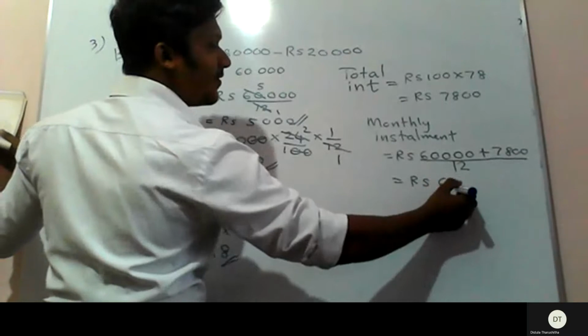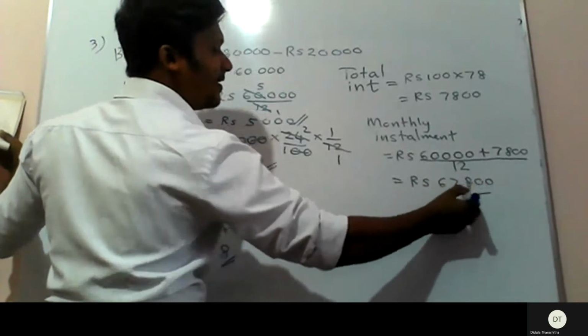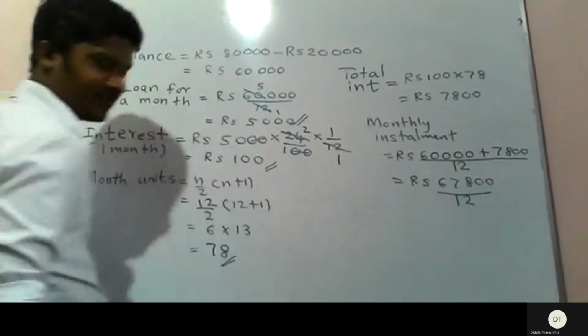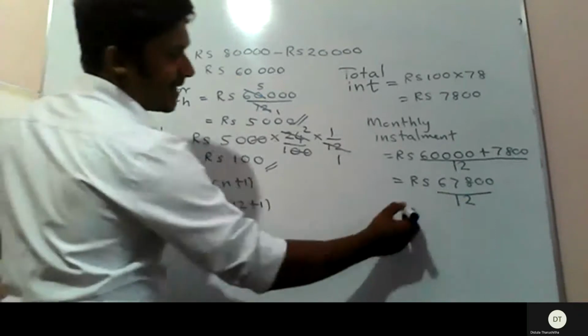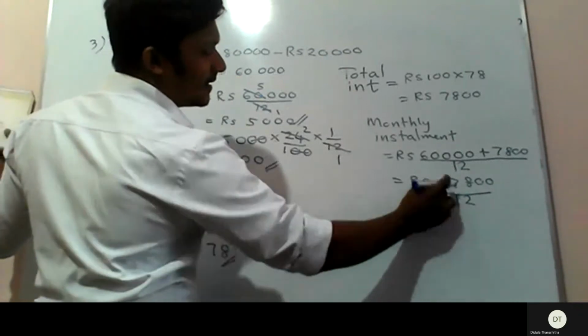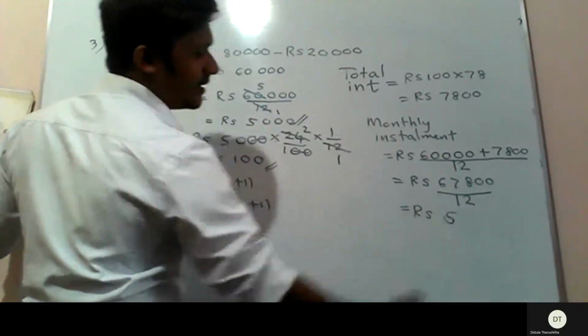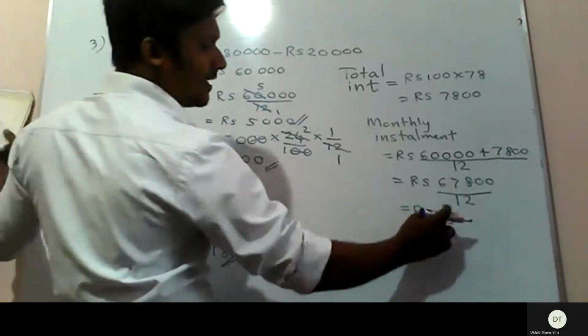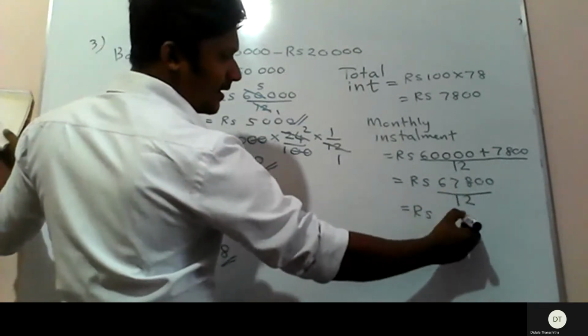Rupees 67,800 divided by 12. The answer: 67 divided by 12.